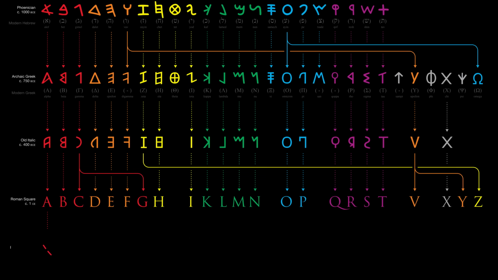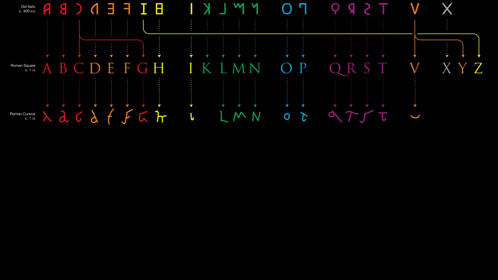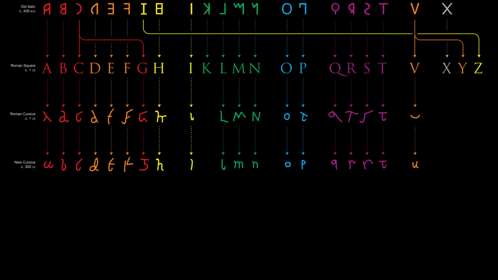So originally, Roman cursive looked something like this, sort of a sloppy version of the capitals. But eventually it evolved into what became known as New Cursive. So by the time that the Western Roman Empire fell, the emperors would have been writing out their various decrees using letters like these ones. You can see that many of them look quite similar to the lowercase letters that we use today.